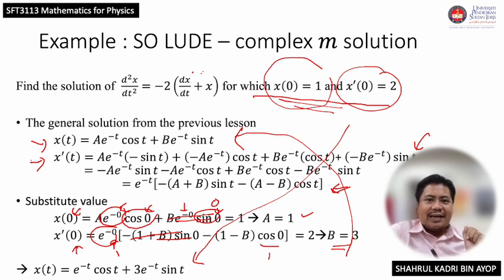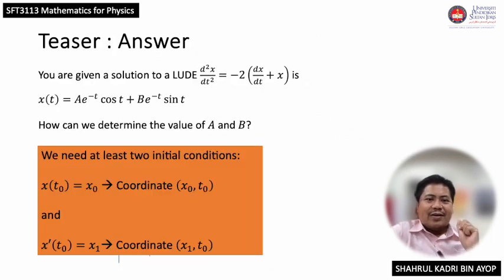Now we return to the teaser. You are given this one. How can we determine the values of A and B? We cannot determine A and B without having initial conditions. Only when we have this information can we solve this second order linear unforced differential equation.